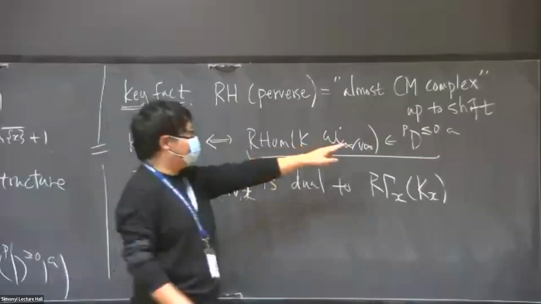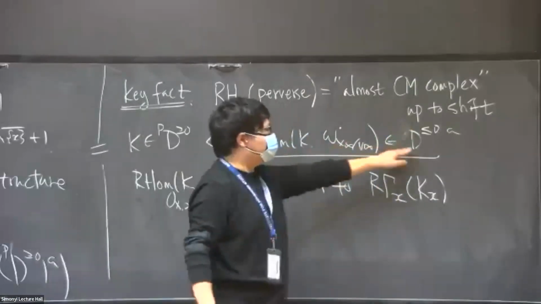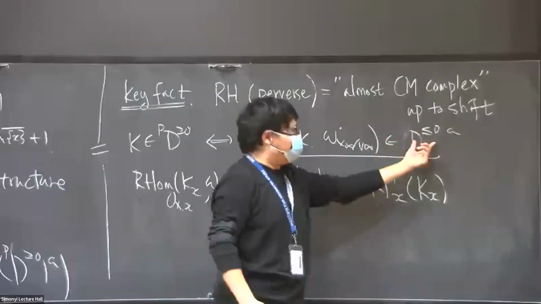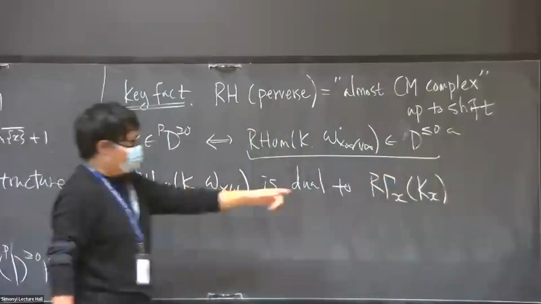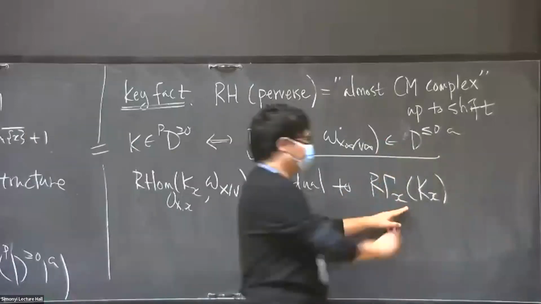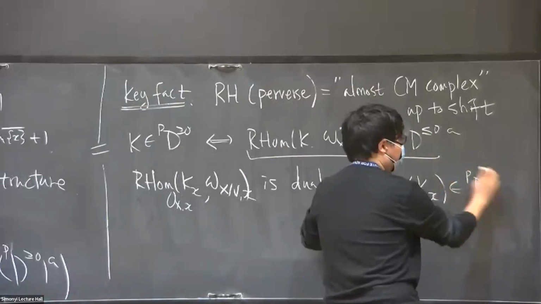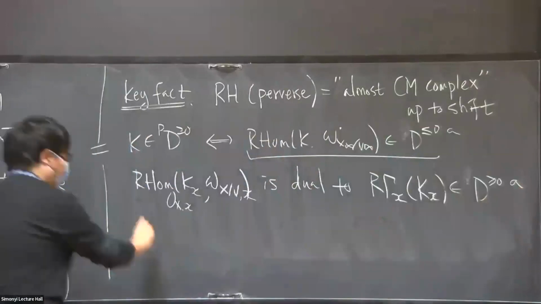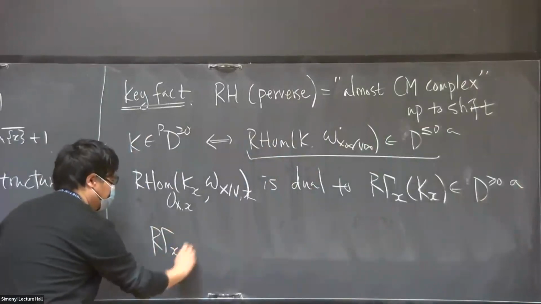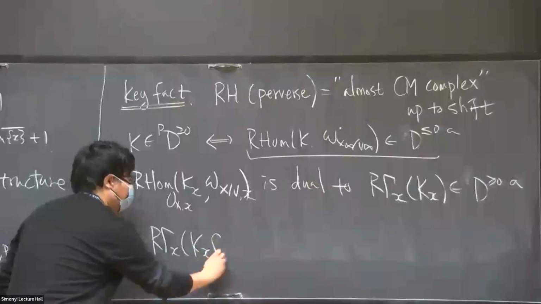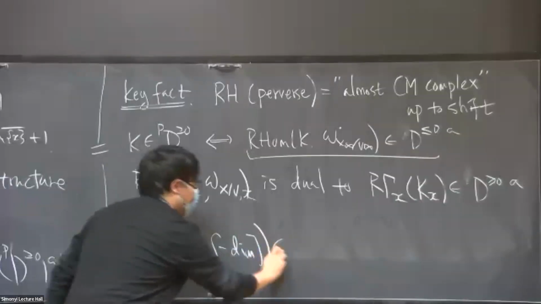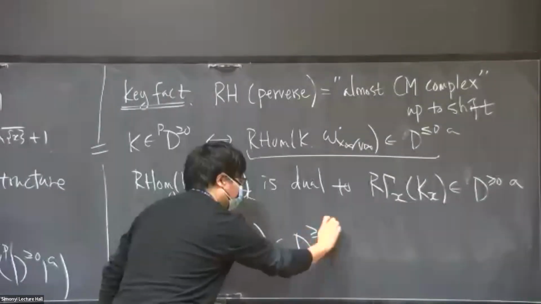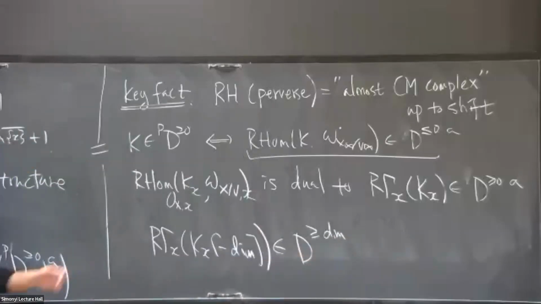Saying this is connective is the same as saying this one is coconnective, almost. And basically that's just saying, if you do the appropriate shift, this gives you D equal to the dimension, almost.